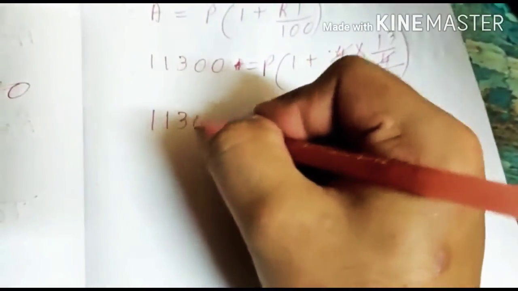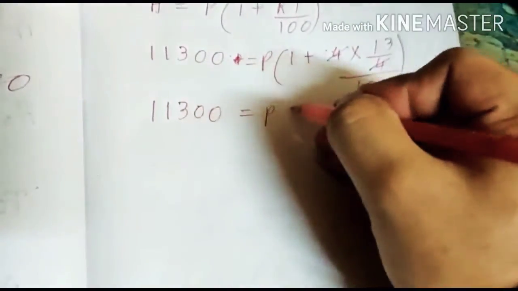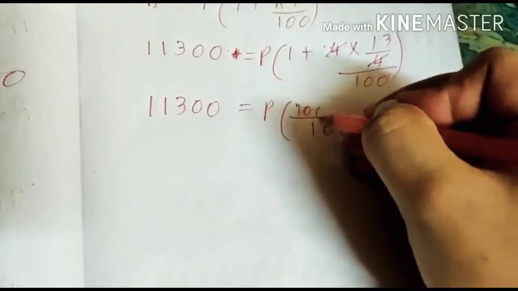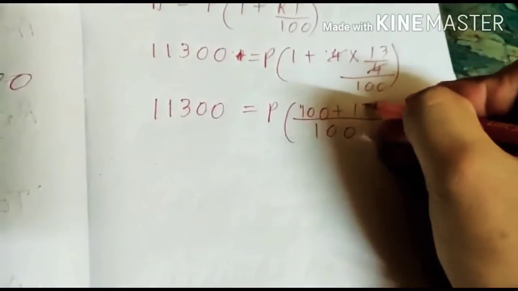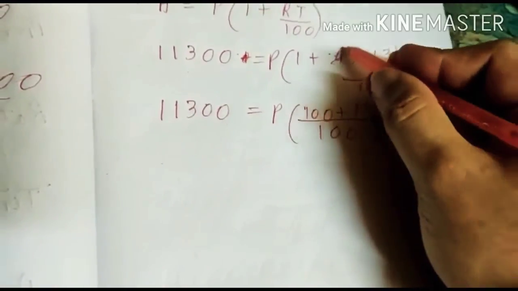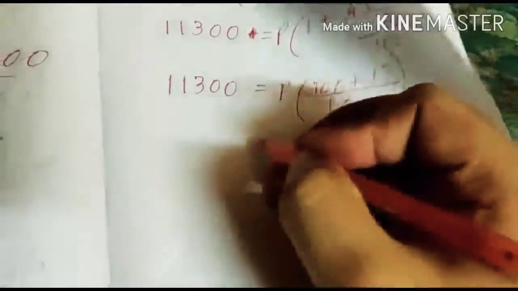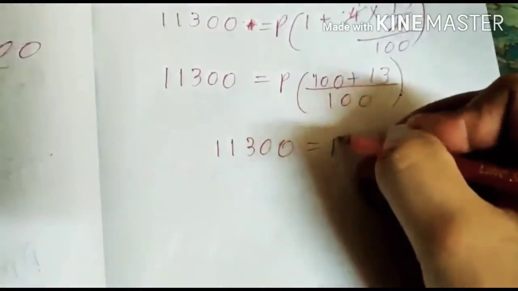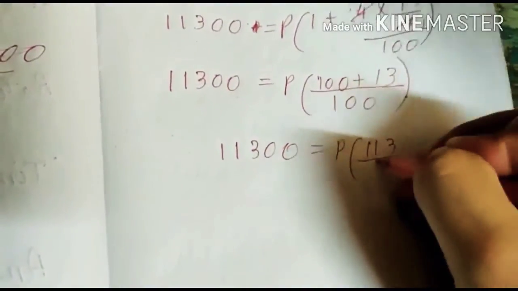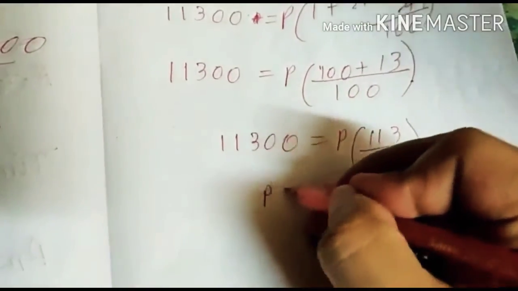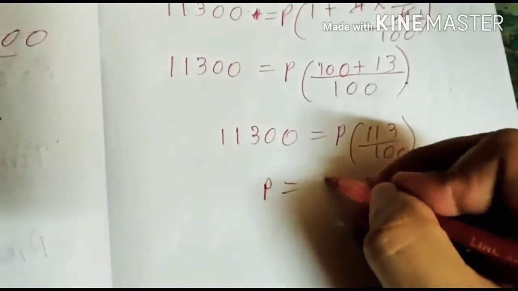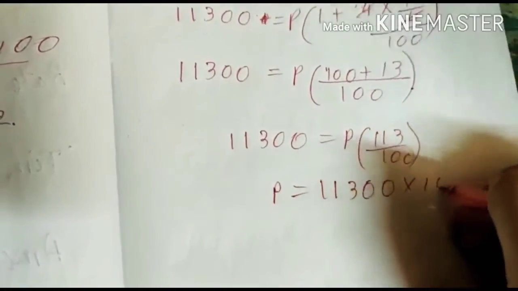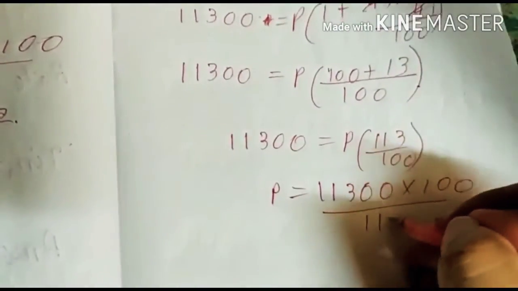So 11300 equals P into, taking 100 as LCM, 100 plus the 13 that was left, so we are left with 11300 equals P into 113 upon 100. So we need P. This 100 is in divide, it will go in multiply. 11300 into 100 upon 113.